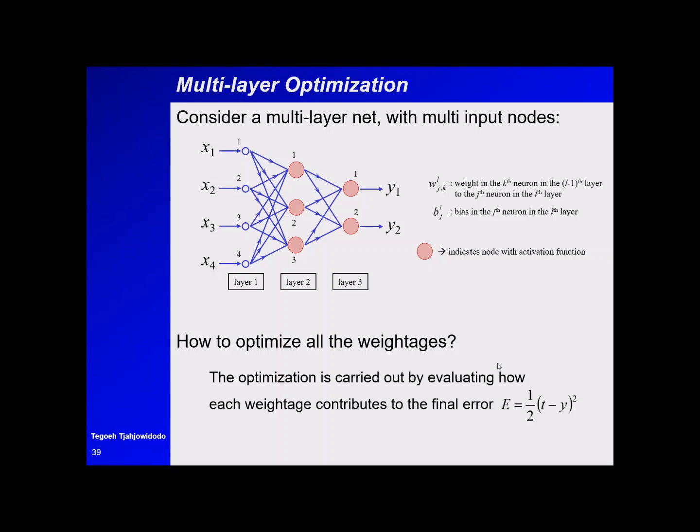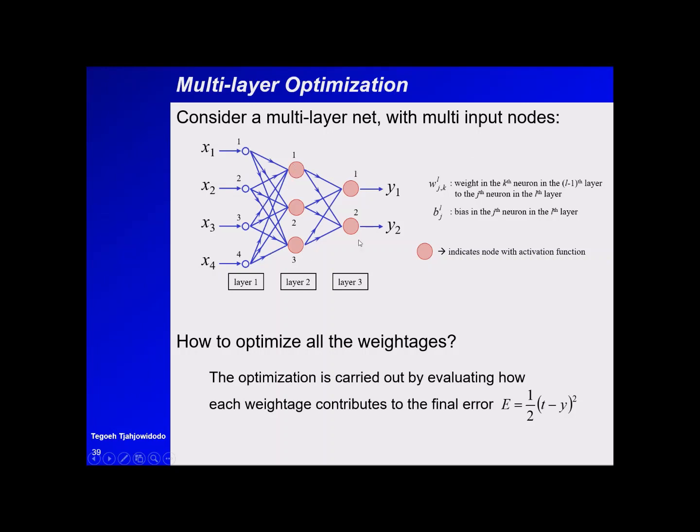But in real practice, when you want to capture a complex signal, a complex function, you might have more than one neuron, more than one layer, so you might have a complex network here, more than one node. So let's take an illustration here where I have a complex network that looks like this.